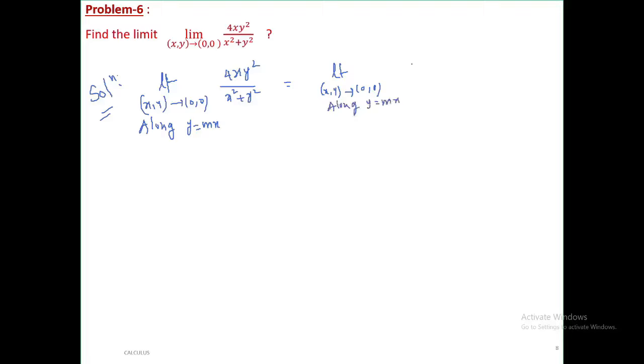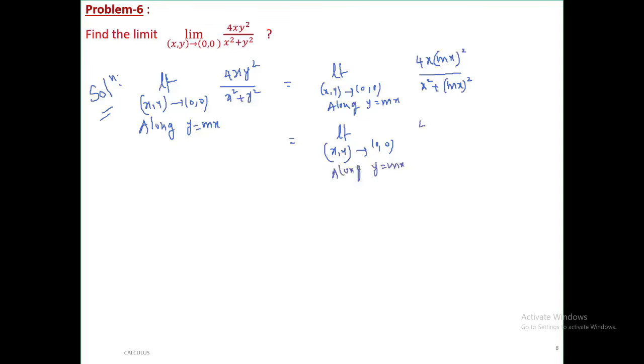Right. Now 4 into x into mx whole square, divided by x square plus mx whole square. So if you simplify this, limit x comma y is reaching the origin along y is equal to mx, right?